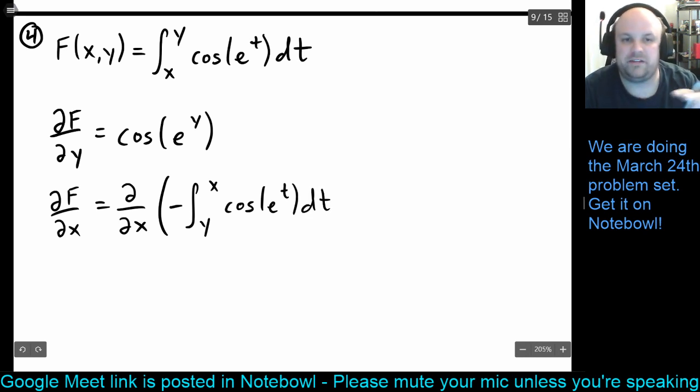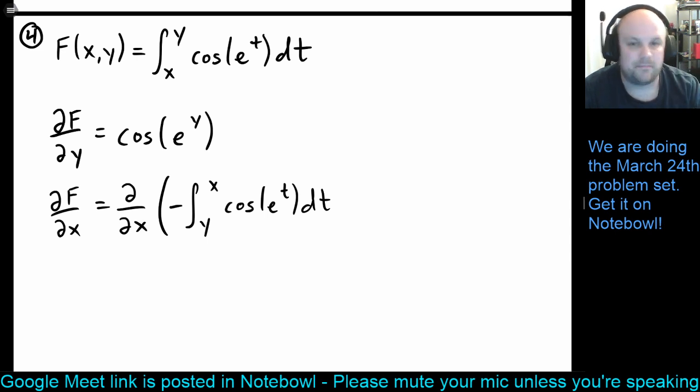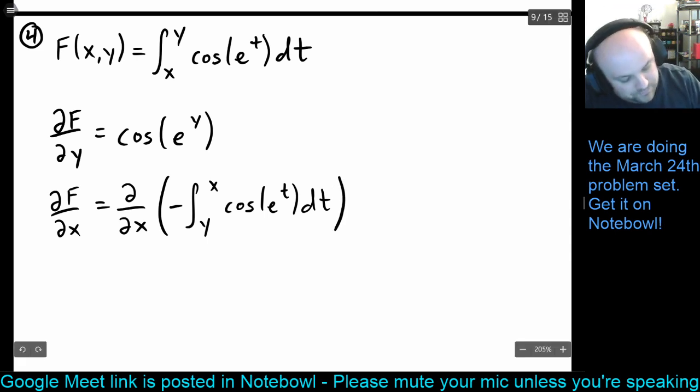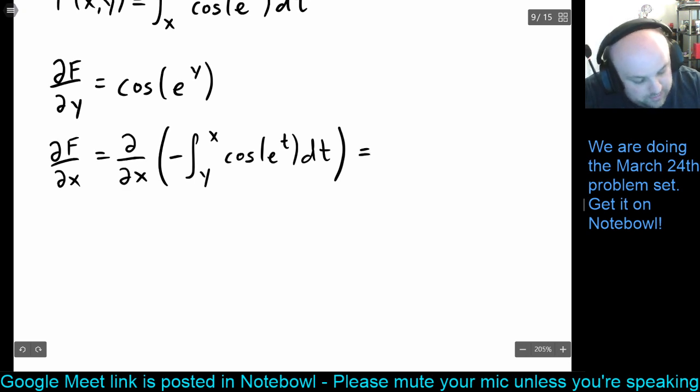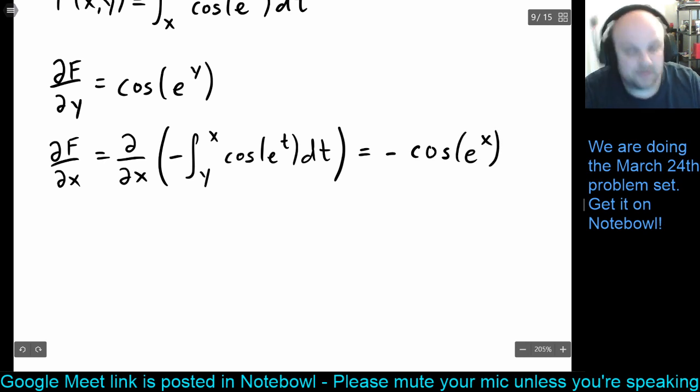Remember, when we flip the bounds of an integral, we get a negative sign. And so when we do this derivative, we get negative cosine of e to the x. And that's it.